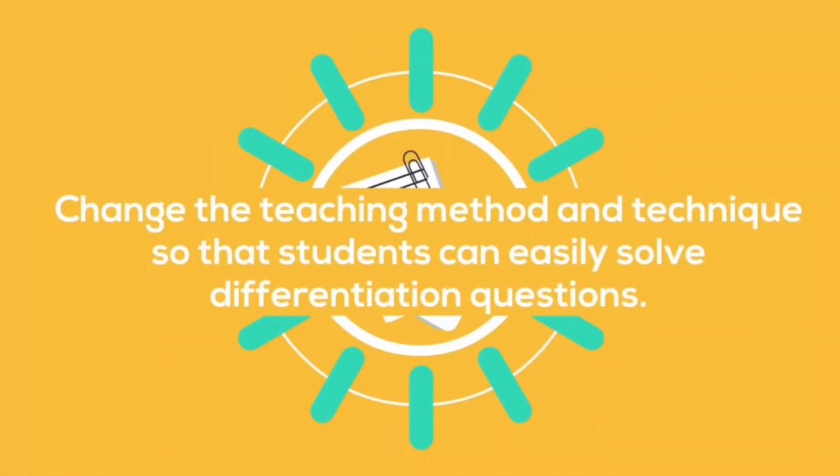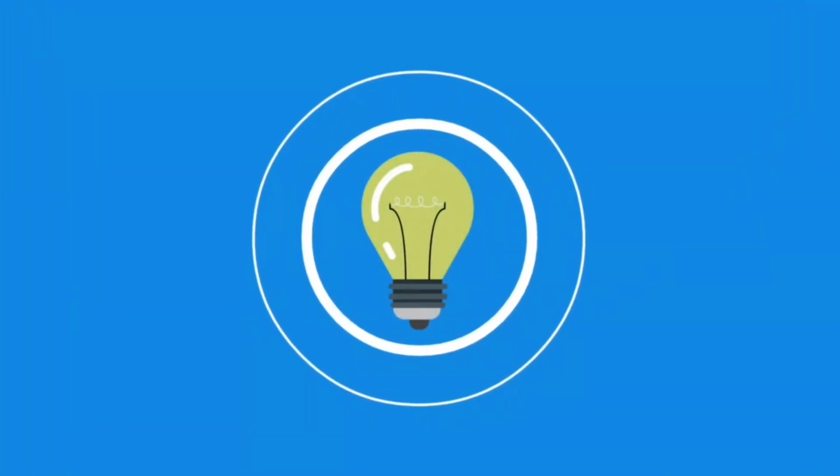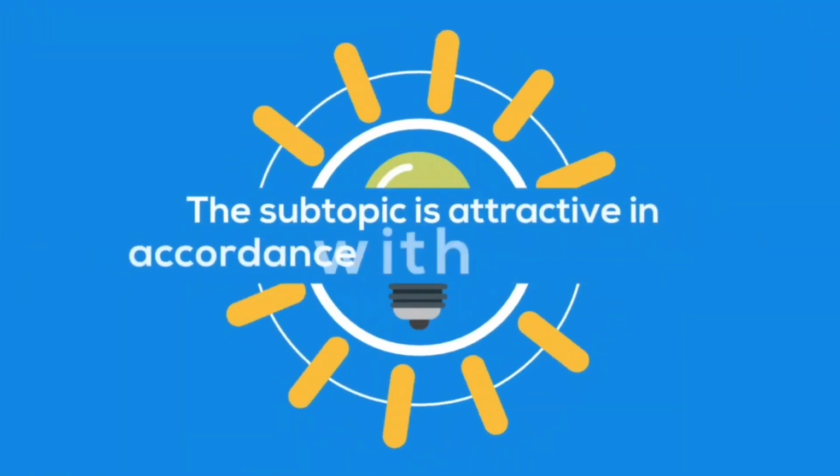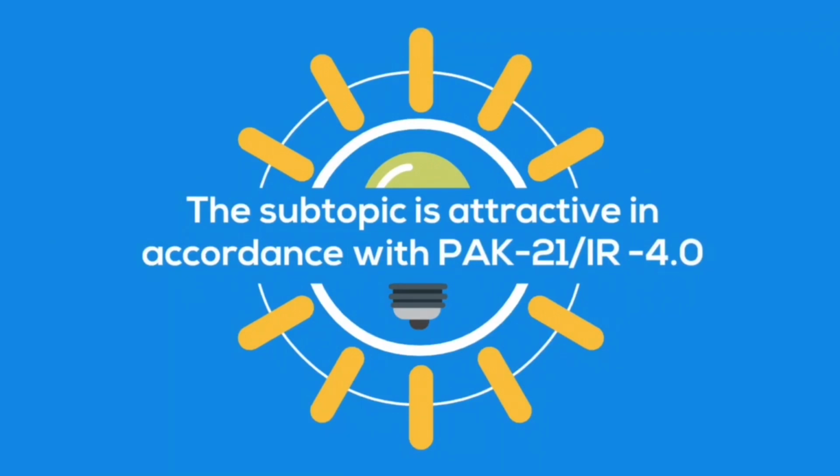Something very abstract can be made very picturized to help students solve the problem easily. Moreover, the subtopic is attractive in accordance with 21st century learning activities. An Industrial Revolution 4.0 in education is being introduced by using big picture, small picture.